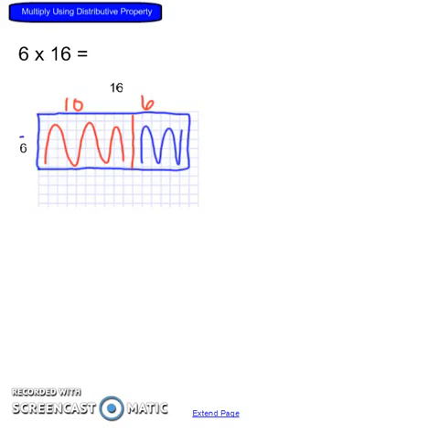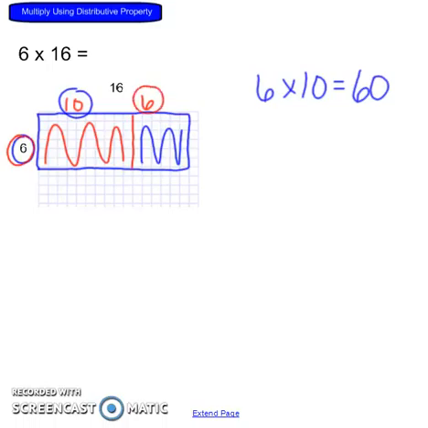So 6 times 10 is our first one. 6 times 10 is going to give us 60. And then, now we're saying 6 times 6, and I know that fact, 6 times 6 is 36.